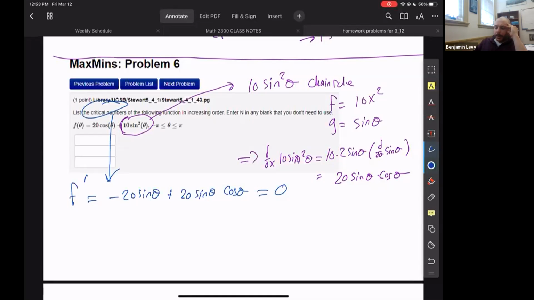And again, this is a factoring problem, right? I've got a sine function and a sine function, so I can factor out the sine function. I can factor out 20 sine theta and obtain -1 plus cosine. And that's nice because you just, again, set those two separate pieces equal to 0 and you get something that you can work with.